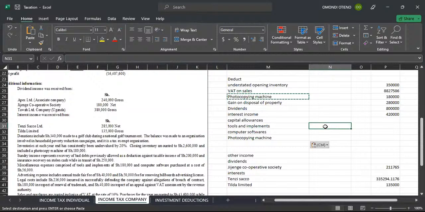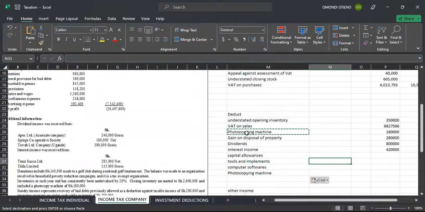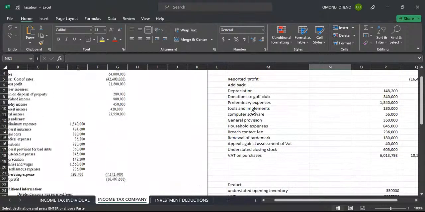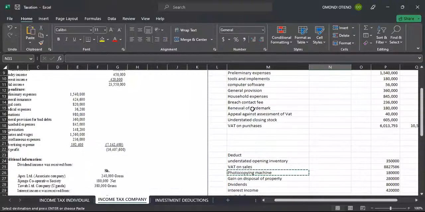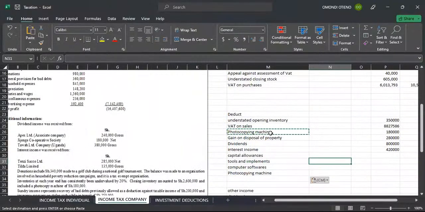Remember, even when deciding what to add and what to subtract, look at this photocopying machine. We are deducting it based on how it was treated or how it affected the profit. These other assets, which are also fixed assets, we are adding back based on how they affected this profit. If I gave you a standard rule that all fixed assets are supposed to be added back, then you would add back this photocopying machine. Are you able to see the mess you would get yourself into?